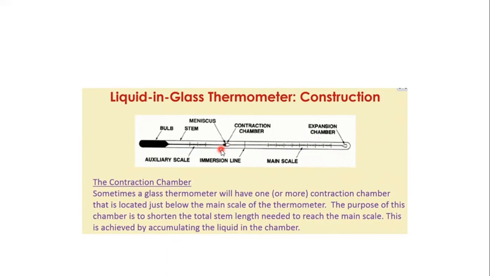We can reduce the length because the stem area will be increased in this contraction chamber. So on a particular increase in temperature, that liquid can expand to fill this chamber, and then it is a narrow length.